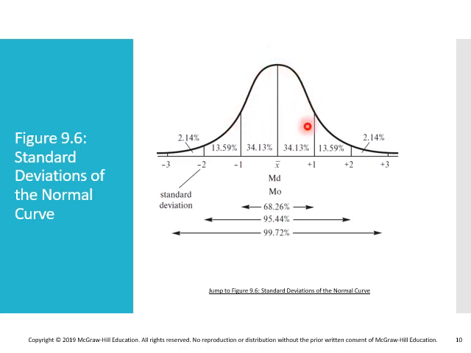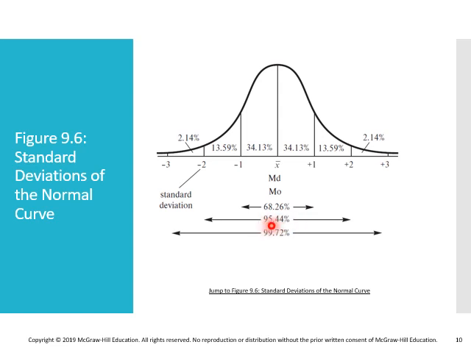If we say it's two standard deviations from the mean, again, the mean is right here in the middle, minus 2 over on this end, plus 2 on this end. Everything from plus 2 to minus 2 will be 2 standard deviations from the mean, and when we are within 2 standard deviations of the mean, we capture 95.44% of the cases.